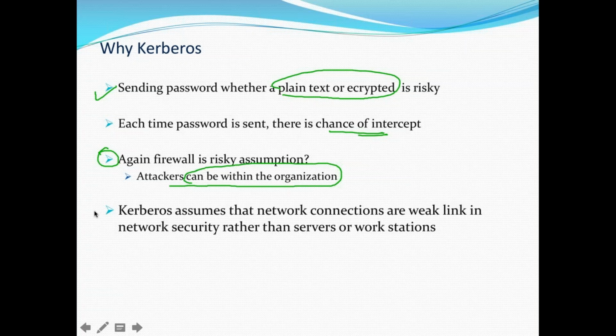Kerberos assumes that the network connections, the way information is passed over the network, are the weak link in network security rather than the servers or the workstations. Whenever data is passed over the network, there is a high chance that it can be intercepted and deciphered. So it assumes the network connections are the weak link.